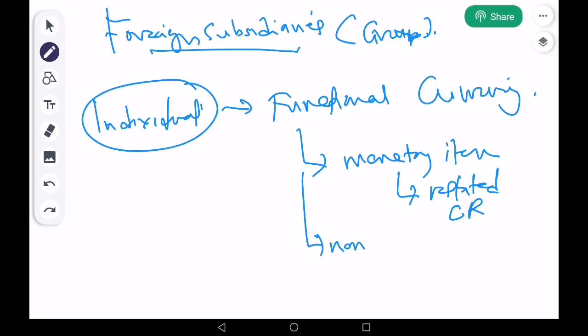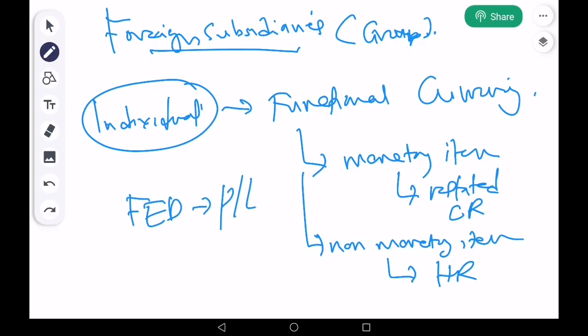For non-monetary items, using a historical rate only. Okay, and the foreign exchange difference will enter to P&L. Class, remember, this is only for individual financial statement.